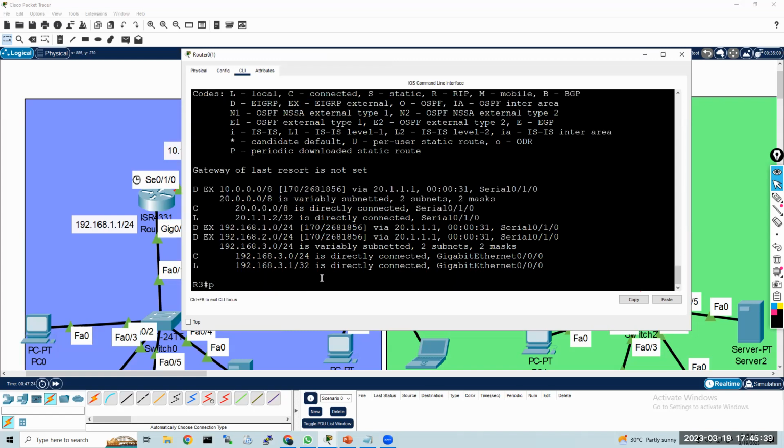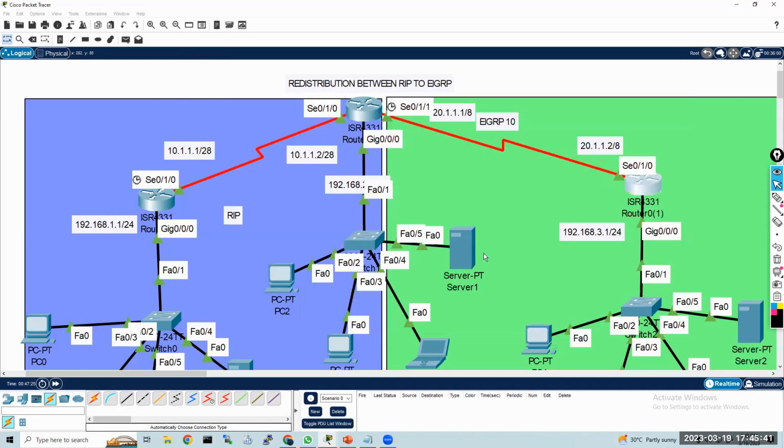What does that mean? External route means here you are running EIGRP, and here you are running RIP. Correct? When you do the redistribution, all the updates he has learned by using the redistribution, but it will accept them in terms of EIGRP only.